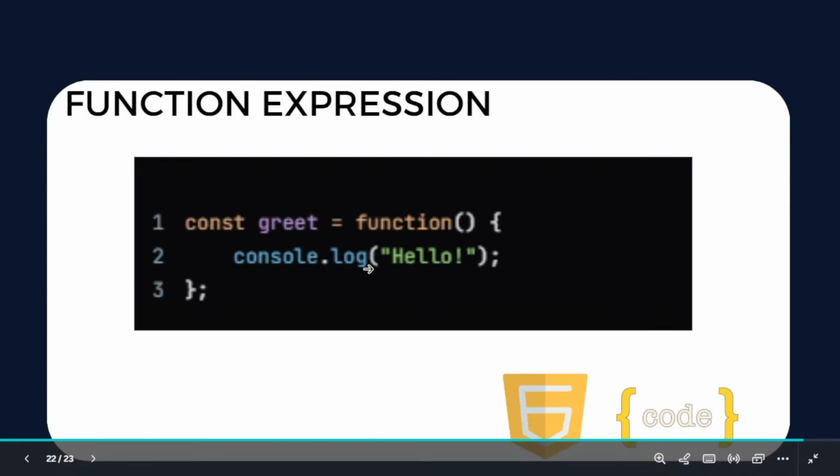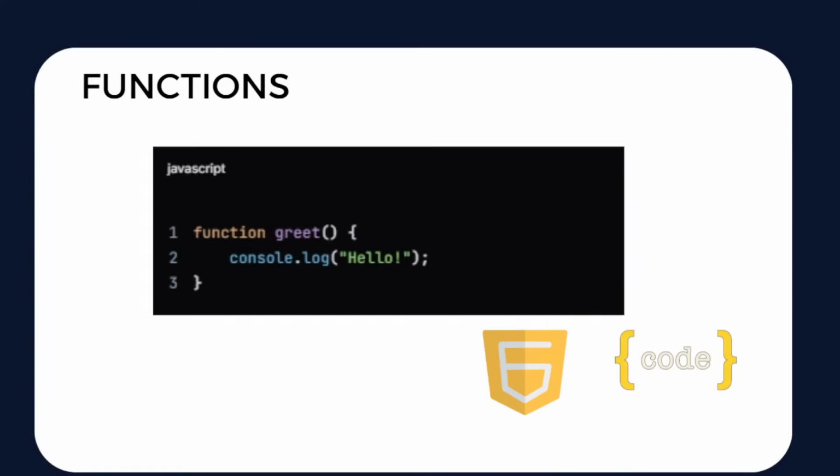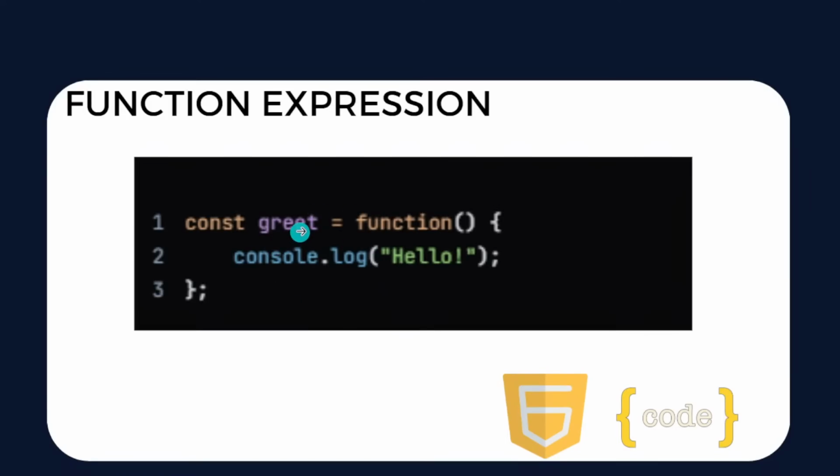And what is function expression? Now we are going to learn what is function expression. Function expression means we need to save the function in one variable. We use const, which we already saw. Const is a never changeable variable.